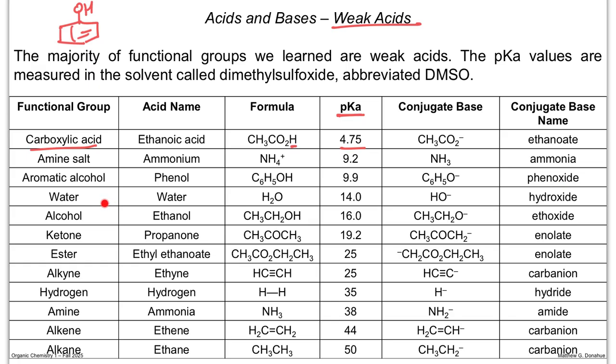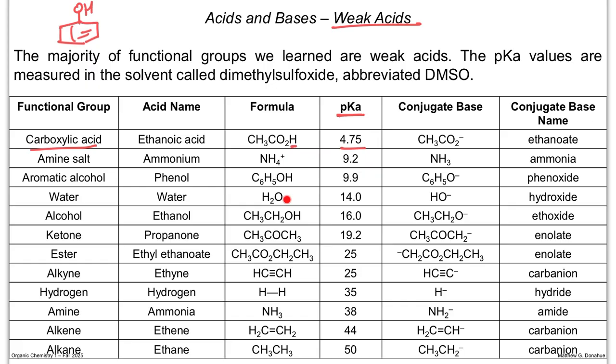Our next compound is water. H2O, the pK is 14, and that forms hydroxide, OH-. As we saw before, water is an interesting molecule. Here it's acting as an acid, so it's donating a proton, forming OH-.